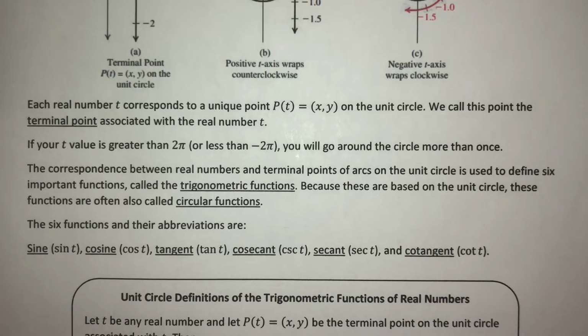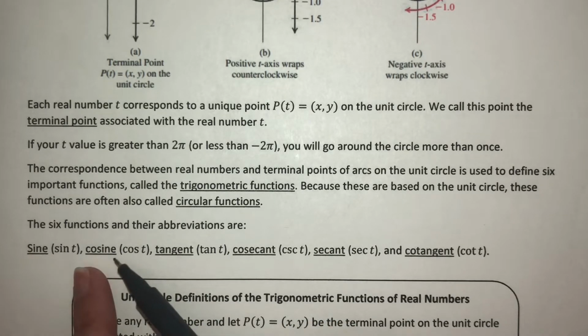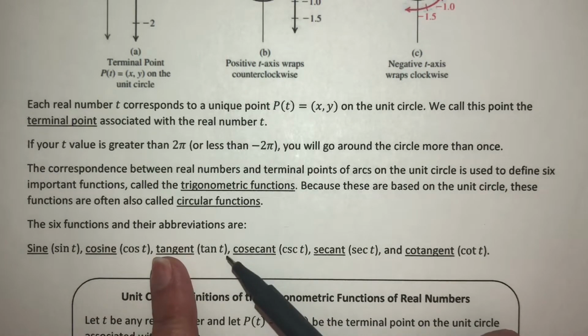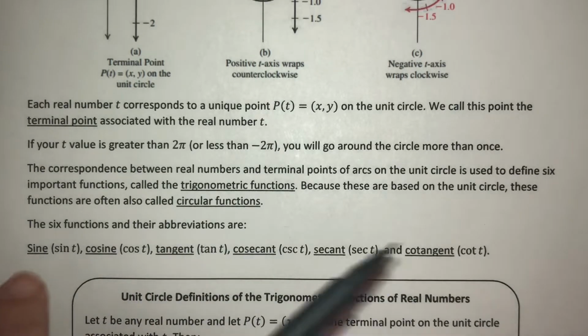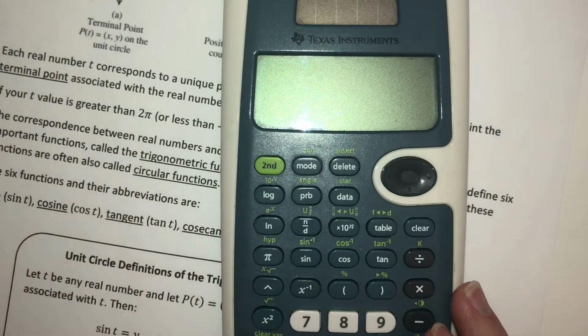So we're going to talk about our 6 basic trig functions. We have sine, which is S-I-N t, cosine, C-O-S t, tangent, T-A-N t. These are the 3 main ones and the ones that you will see on your calculators.